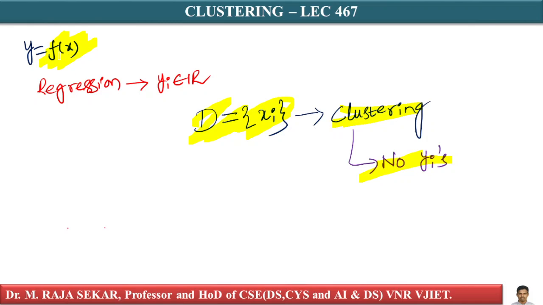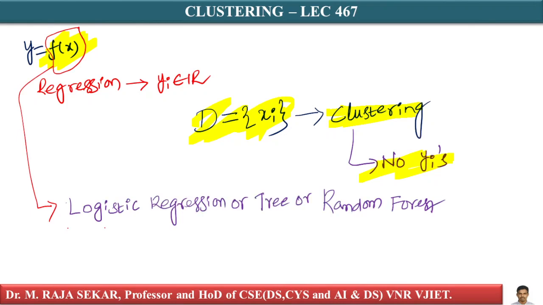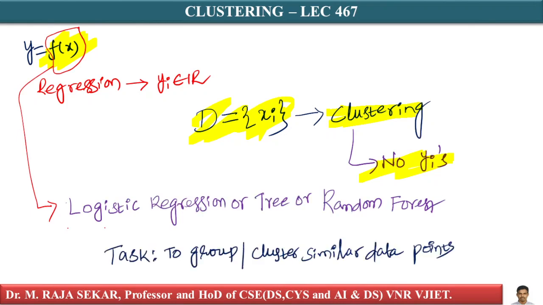In the case of clustering, you just have data points. You do not have any more yi's. You are just given x's, and the task in the case of clustering is to group or cluster.